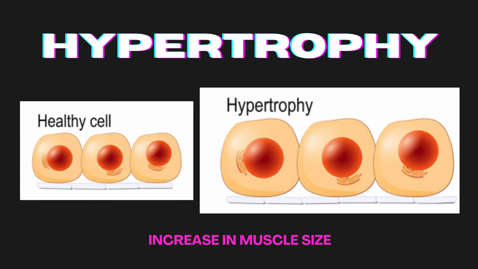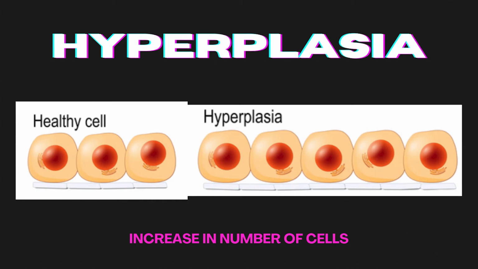By definition, hypertrophy is the enlargement of a muscle caused by an increase in the size of its cells. But wait, this is not to be confused with hyperplasia, which is a whole different story. Hyperplasia is a process in which the number of the muscle fibers increase within a muscle, while hypertrophy is the process in which the size of the muscle fibers increase within a muscle.